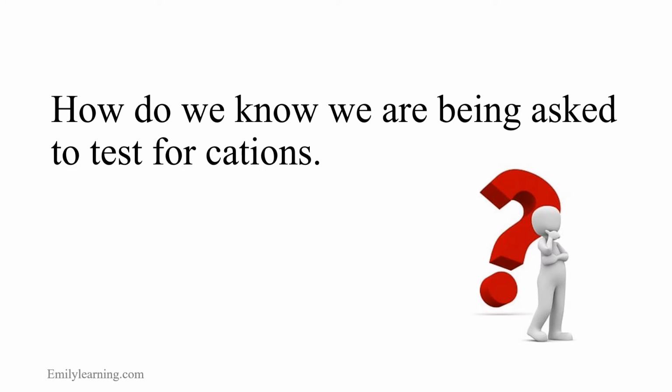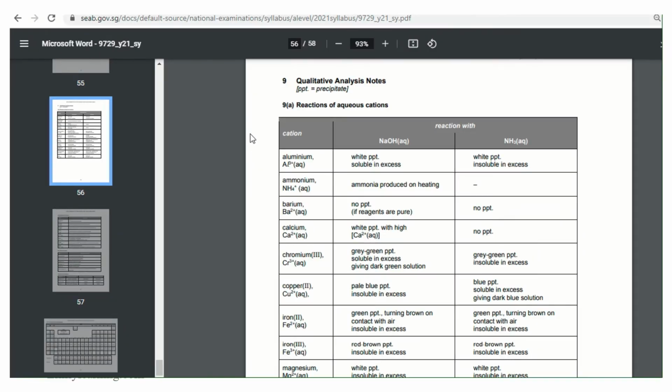So let's first start off with this. How do we know we are being asked to test for cations from the QA question? This is the QA or the qualitative analysis notes that you will see at the end of your question paper.